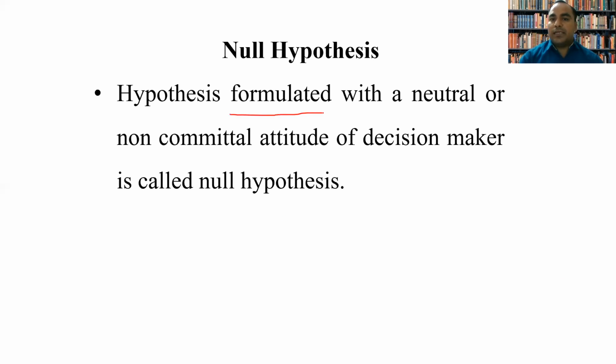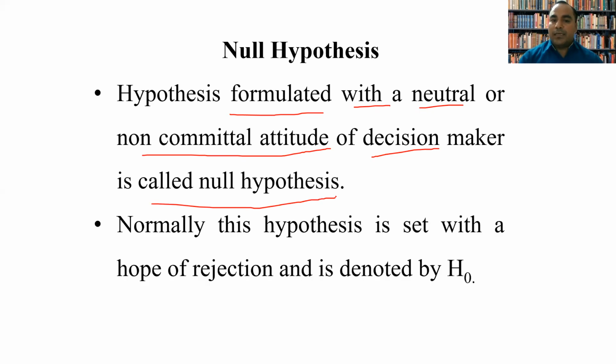A hypothesis formulated with a neutral or non-committal attitude of the decision maker is called null hypothesis. Normally, this hypothesis is set with a hope of rejection and as we know is denoted by H0.